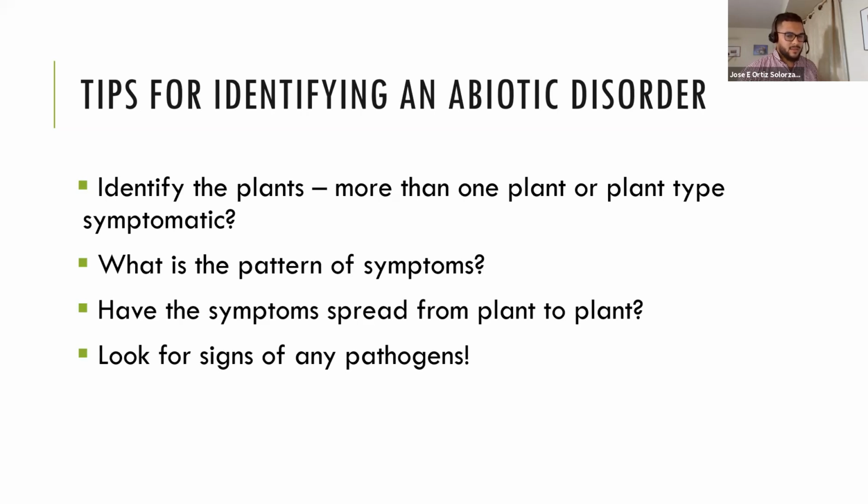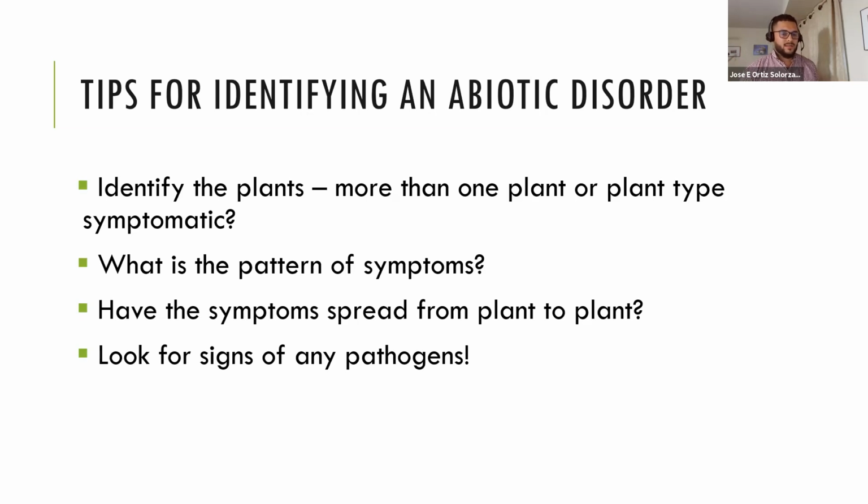If you have a plot of 20 plants and only 2 are affected, you need to look and see if there is any type of fungi or anything that doesn't look like a plant affecting your plant. If not, maybe this is caused by a non-living factor. If you see that the disease is not spreading to other plants, maybe the disease is not caused by a living organism.